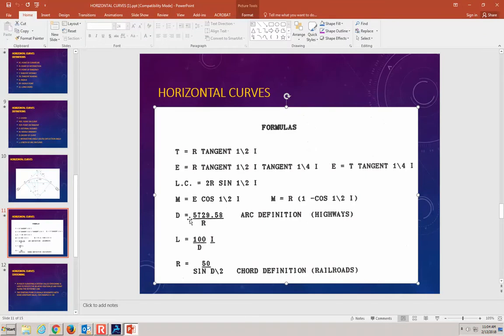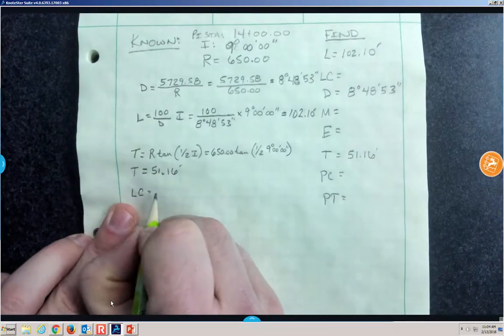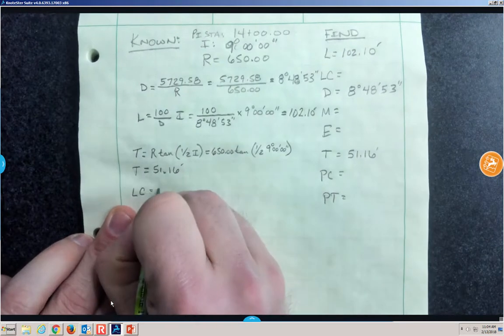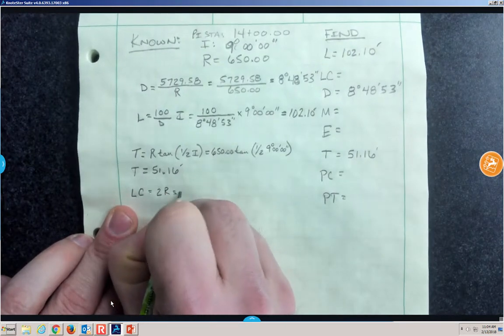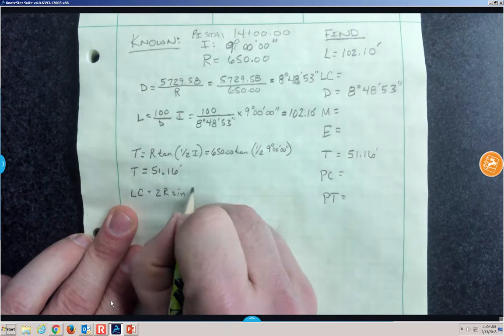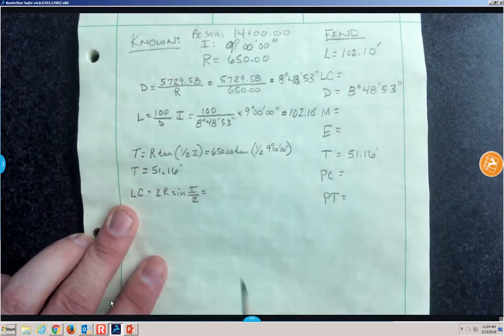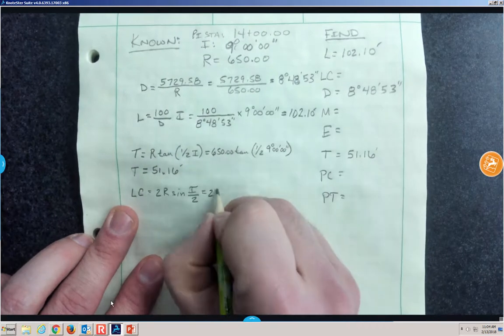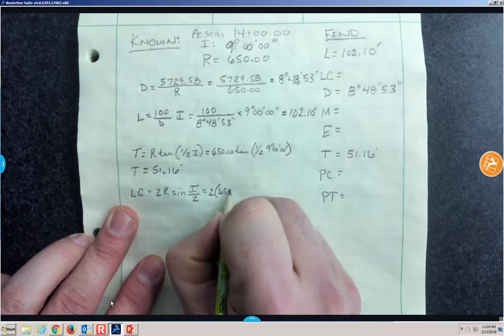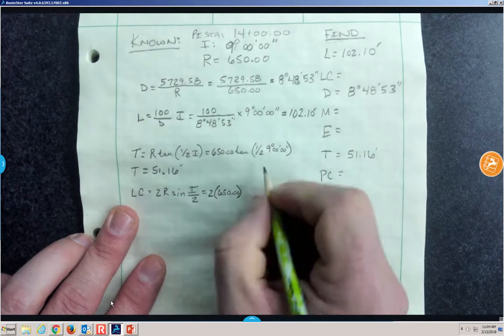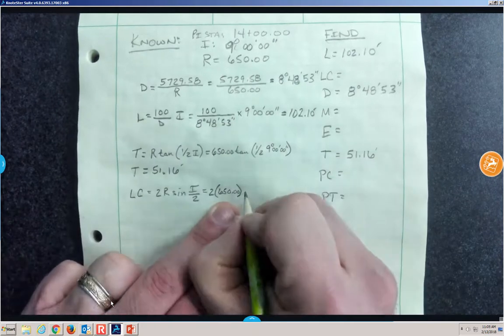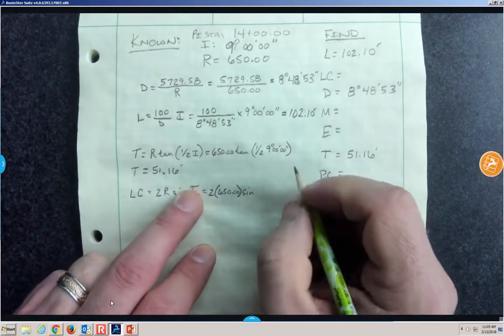We can figure out LC if you guys want to figure out LC. So LC equals 2R sine of I over 2. Okay? So it's 2 times 650 times the sine of I over 2.